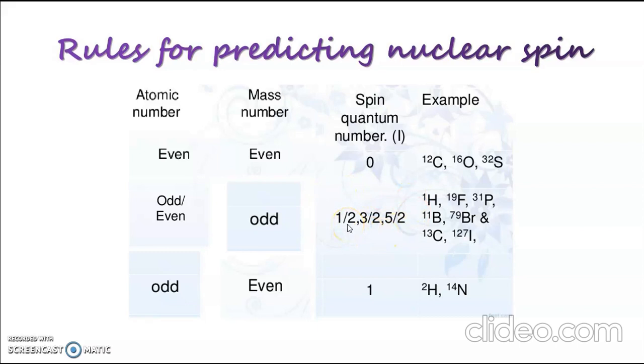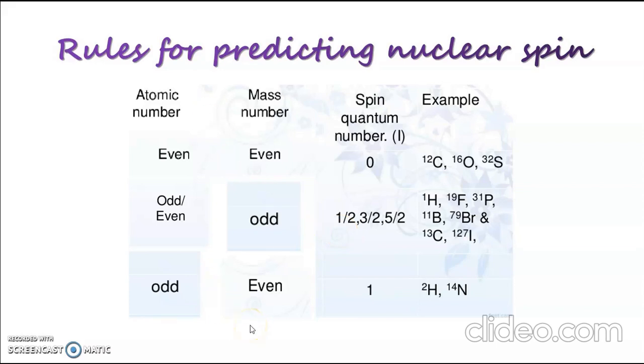Here you can have 1/2, 3/2, 5/2, etc. Hydrogen, fluorine, phosphorus and carbon 13 have spin 1/2. Boron has the spin value 3/2. But here no problem, you only have to study the proton or C13 spectrum, so both of them have I equal to half.